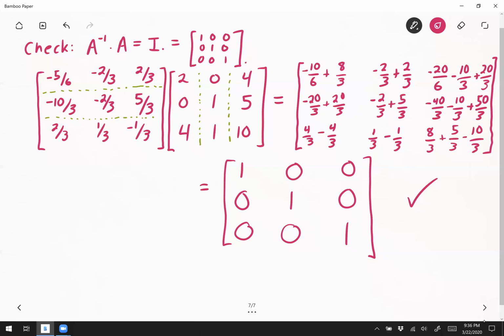Now we'd like to go ahead and use it to solve the original system of equations. Remember, that was the goal, to solve the system, which was, let's see, 2x plus 4z equals 6.